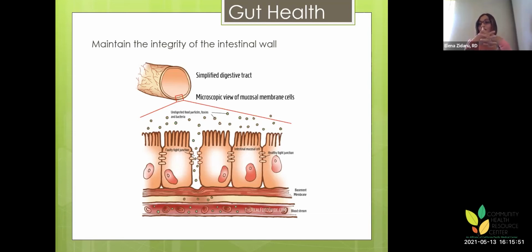We can't have them too tight because then we can't absorb the nutrients. We cannot have them too loose to leak. So we need that proper integrity of the wall. Also, the gut bacteria can eliminate old cells and replenish with new ones, and this is how they also keep the balance of this intestinal wall.